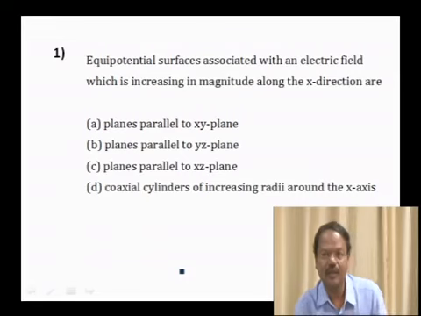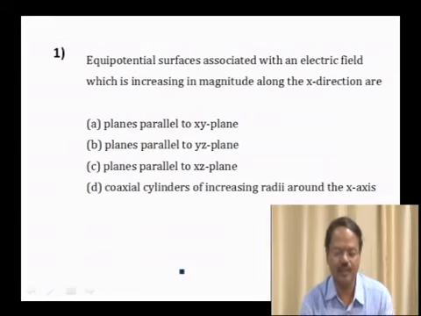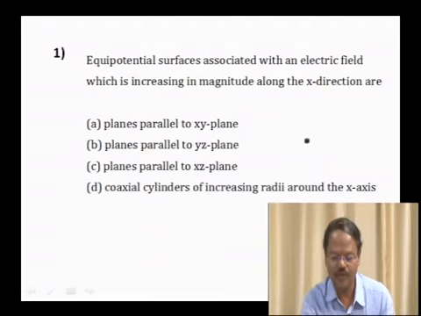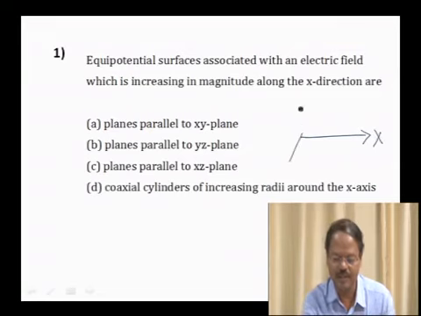First one: equipotential surfaces associated with an electric field which increases in magnitude along x direction. So if you consider the x direction here, according to the right-handed coordinate system, x and y, if they are like this, z should be here, that is the way.